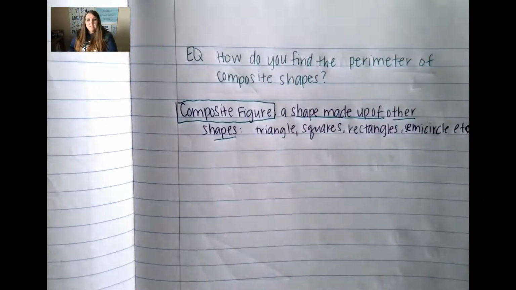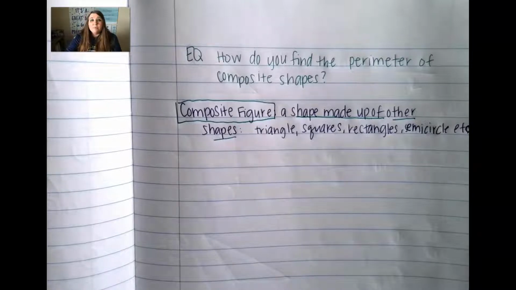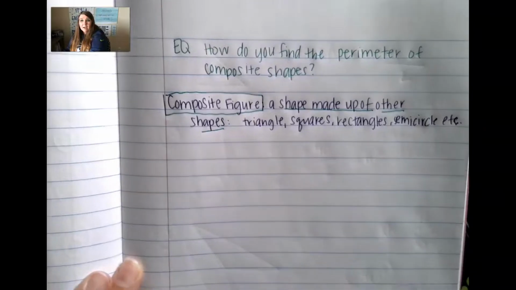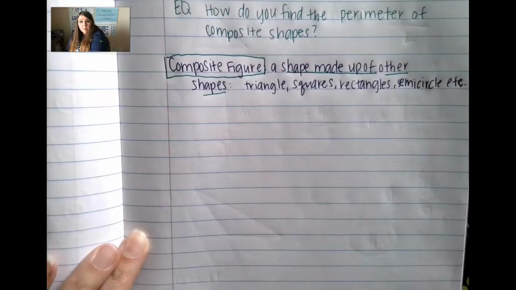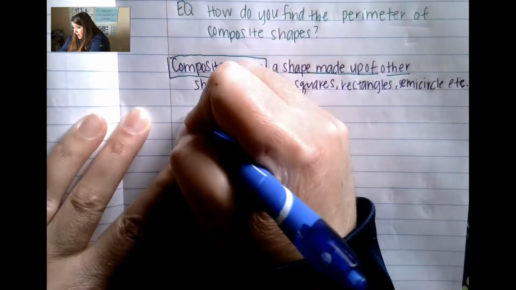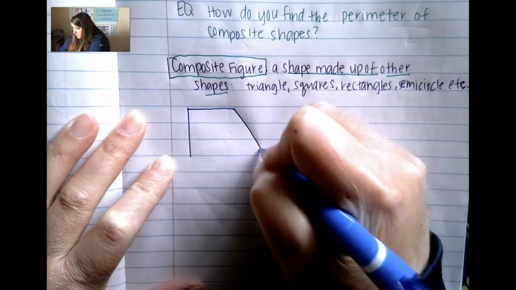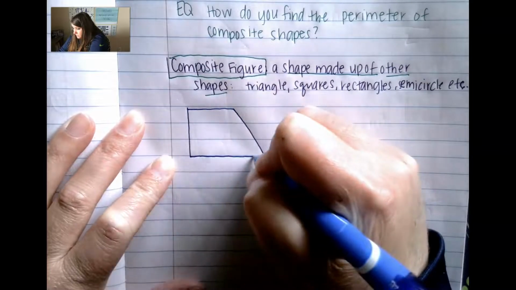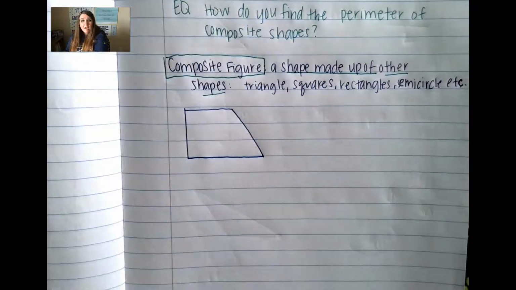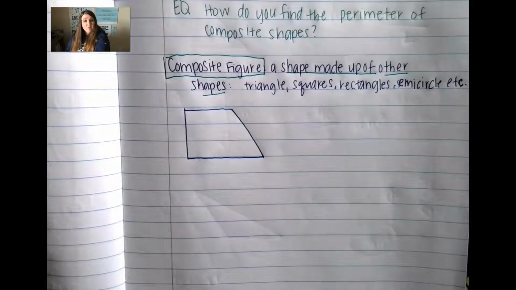All right, so let's look at an example of a composite figure so you can see just what I mean. So let's say that I have a figure that looks like this. Okay, I have this shape here. Well, this shape is a composite figure.